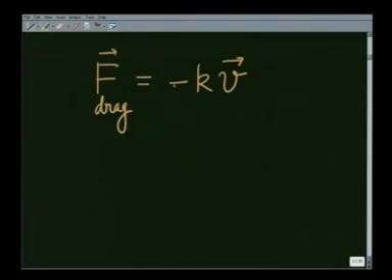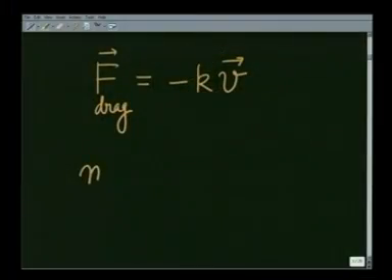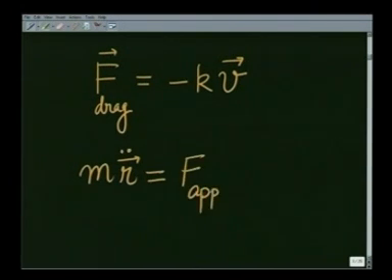Minus sign again denotes that the force is opposite to the motion, and therefore the equation of motion is going to be m r double dot, mass times acceleration, equals F applied, the force that I apply from outside, minus K v, which is the drag force.